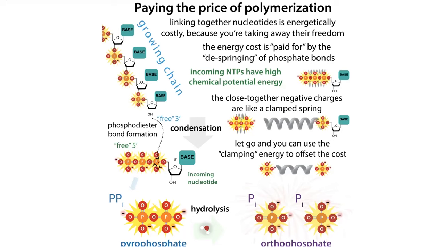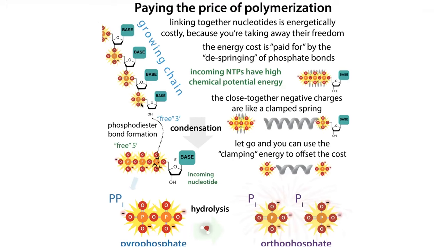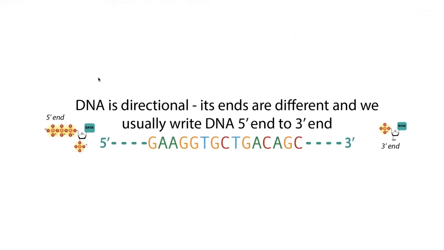The order in which we bring them together is specified by their sequence, because we're going to see that we have that base pair complementarity. You grow this chain in the 5' to 3' direction, using the incoming nucleotide's energy in order to pay the cost. As a result, we typically refer to DNA in the 5' to 3' direction.